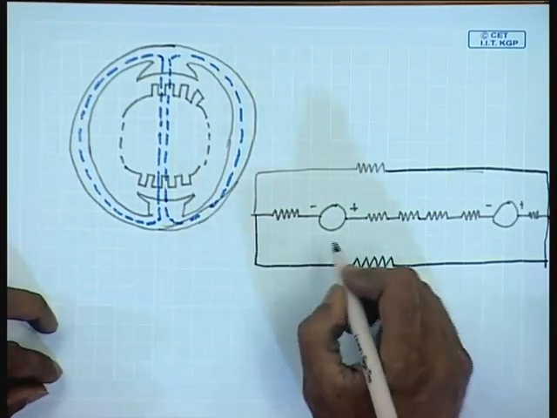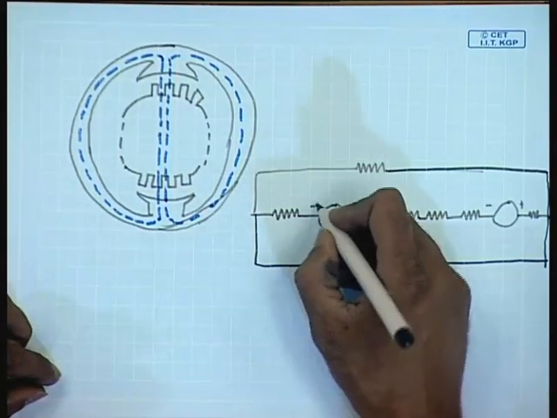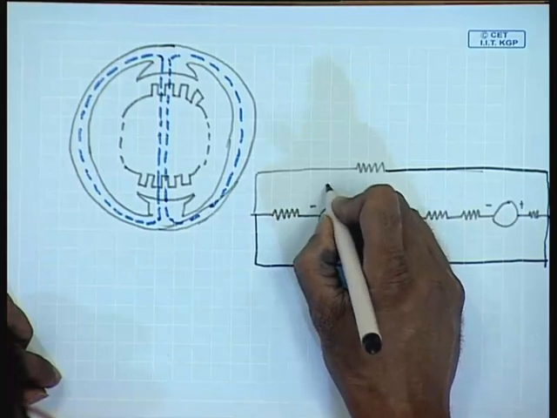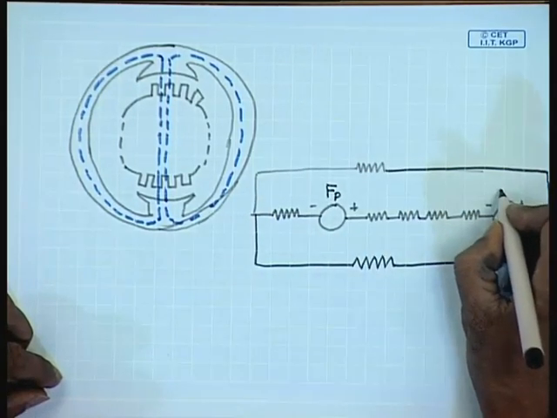This is the MMF source due to the field coil on one pole. This is the MMF source on the second pole.